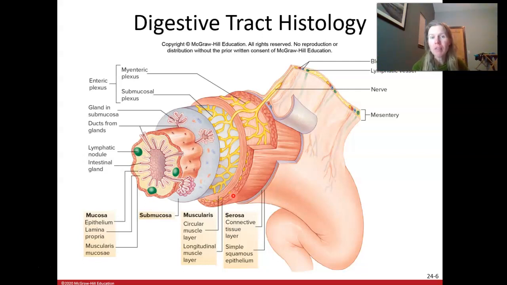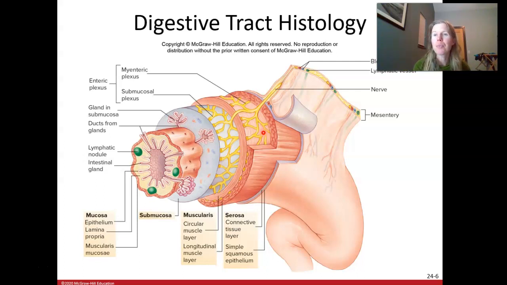You do have, right, we're looking here at the submucosal plexus, and of course, we're about to talk about the myenteric plexus, because that's the one that is innervating this muscle. So the enteric nervous system is considered a branch of the autonomic nervous system, and primarily the innervation that you're looking at here in the digestive tract is from the autonomic nervous system, particularly the parasympathetic nervous system, right?